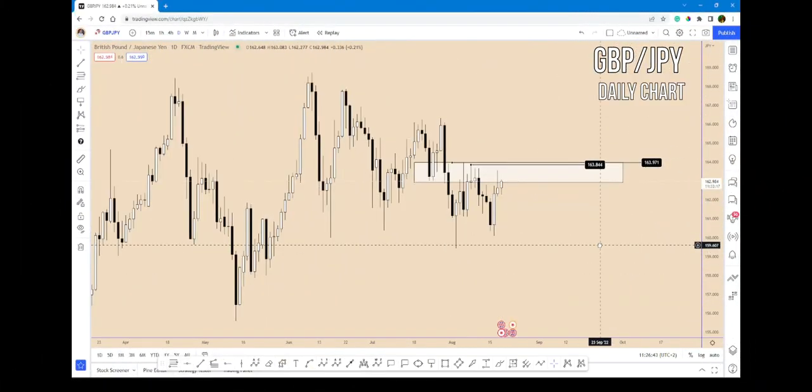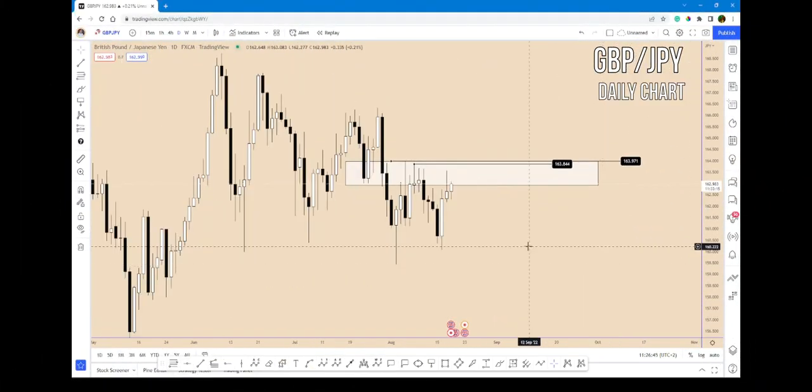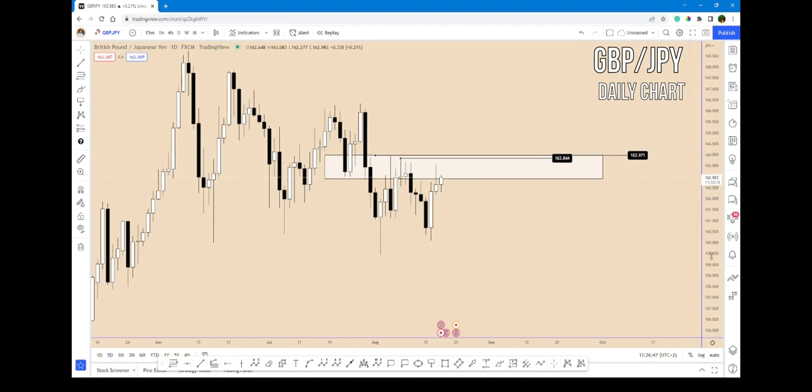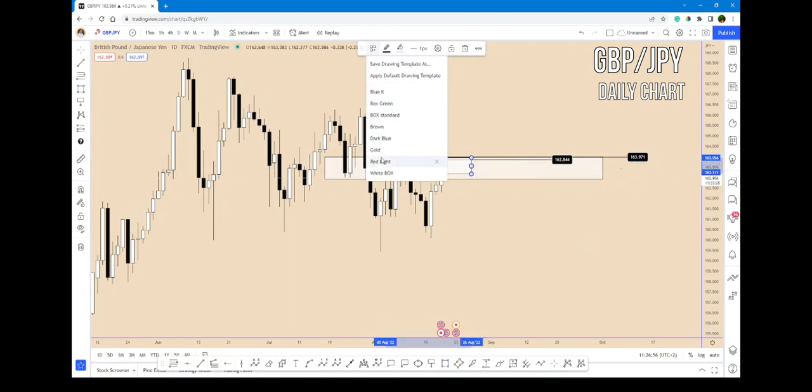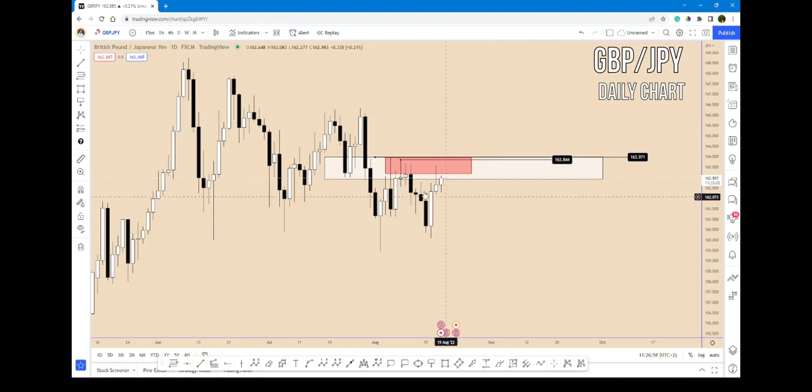On the daily time frame, we can see it in a different way. Look at the wicks of the candles. I'm going to mark these candles now with another color, and you will see that price is actually testing a very strong resistance area.